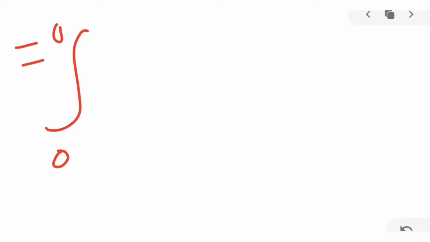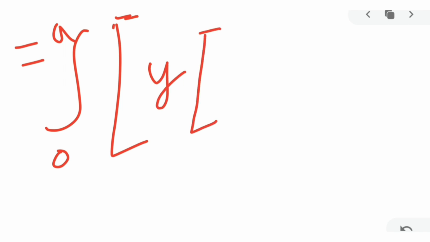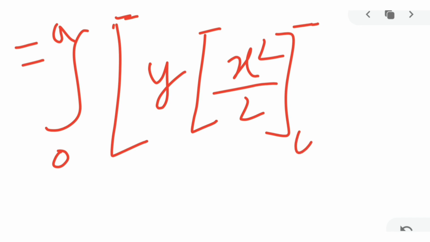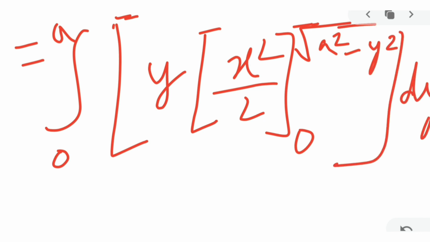Since we are integrating with respect to dx, y is considered constant, and x square by 2, 0 to root over a square minus y square, then dy.